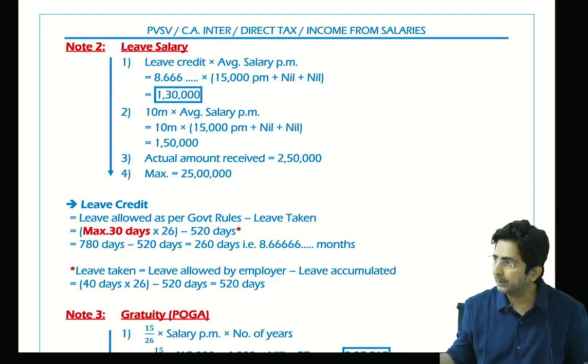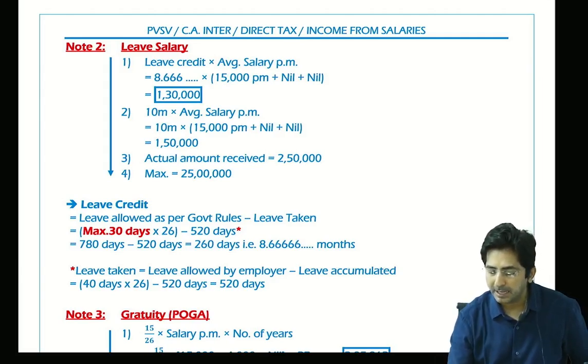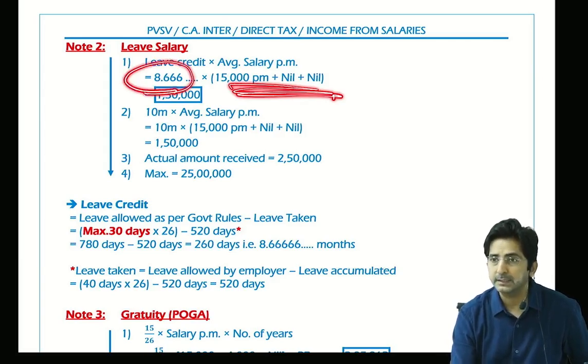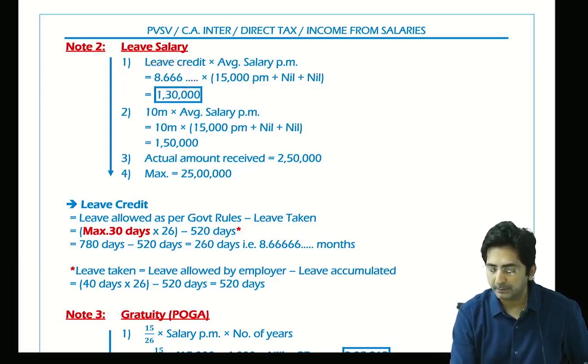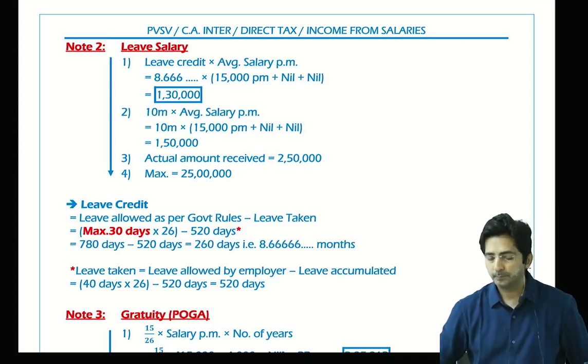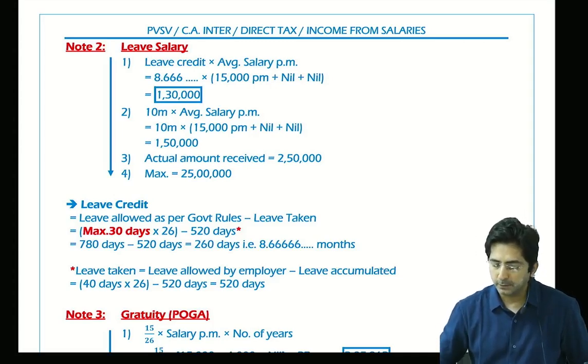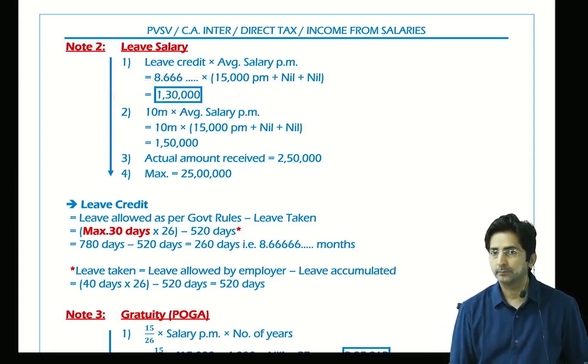DA in terms was not there, turnover commission not there. So 15,000 is the average salary. And your leave credit was 8.66666666. So that comes to 1,30,000. Then 10 months into average salary, actual amount received 25 lakhs, picture is less. So what is less? 1,30,000.